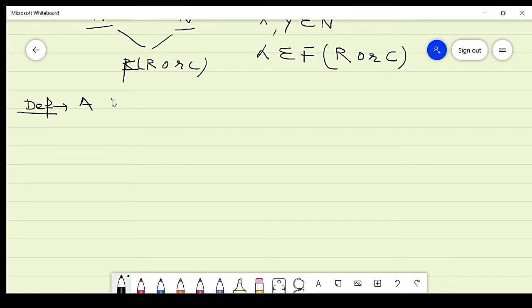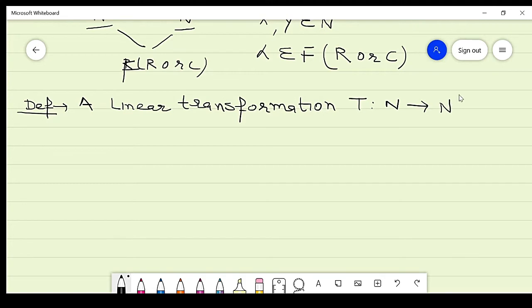A linear transformation T from N to N dash, where N and N dash are normed linear spaces over the same field, is said to be bounded. It is not a bounded set, it is a bounded operator. So remember, this is a bounded operator, a bounded linear transformation, a bounded mapping.